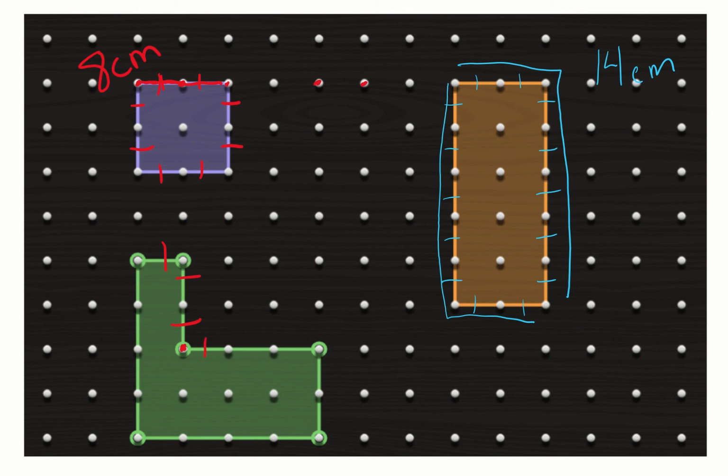So let's figure this out: 1, 2, 3, 4, 5, 6, 7, 8, 9, 10, 11, 12, 13, 14, 15, 16. For this irregular shape, 16 centimeters is the perimeter.